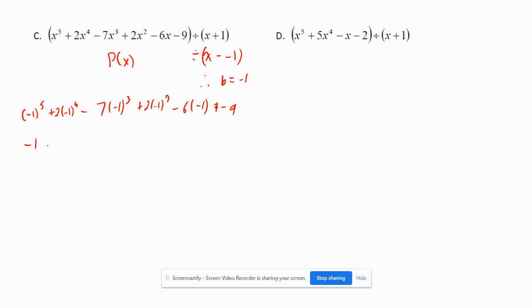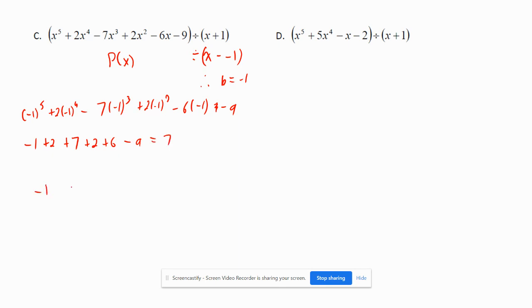This is negative 1 plus 2 plus 7 plus 2 plus 6 minus 9. This is 1 plus 7 is 8, plus 2 is 10, 16 minus 9 is 7.